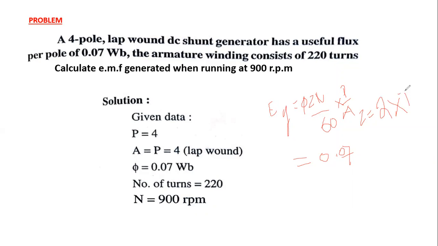How many turns are there? We have 220 turns. Therefore Z is equal to 2 into 220, which is 440 conductors.